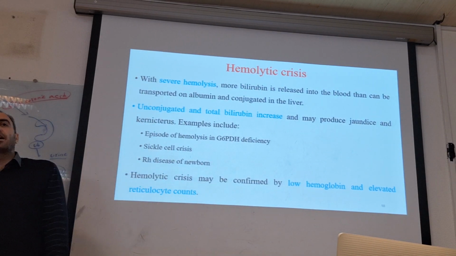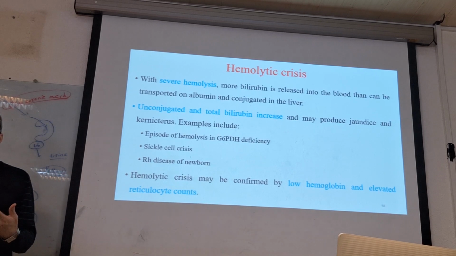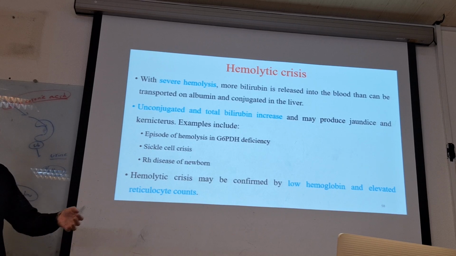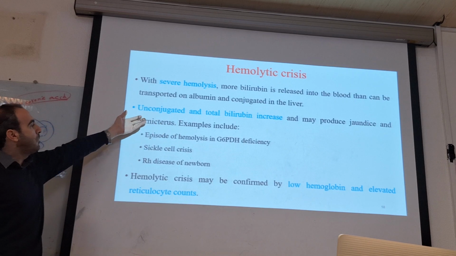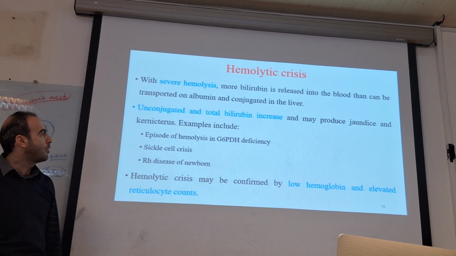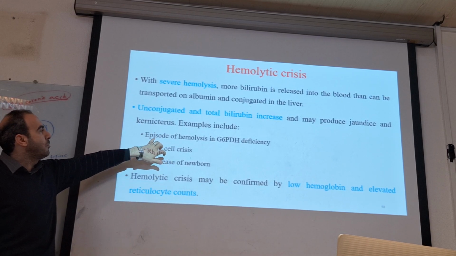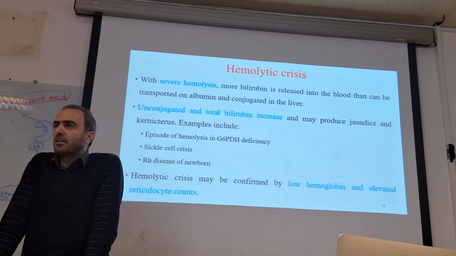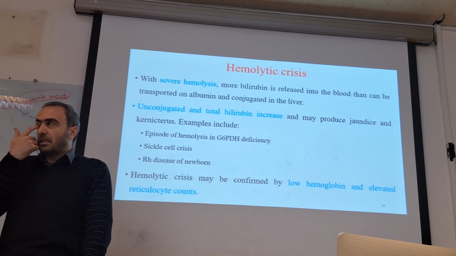What is hemolytic crisis? Hemolytic crisis means that some reason leads to increased RBC degradation. Severe hemolysis occurs, and unconjugated and total bilirubin are increased. Why does severe hemolysis occur? Maybe due to G6PD deficiency. You learned G6PD deficiency. What was that?